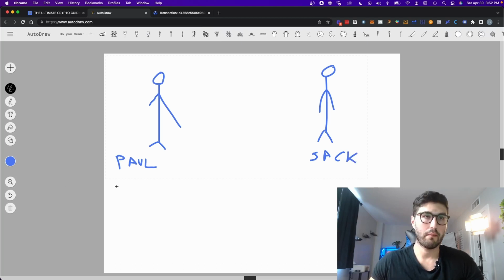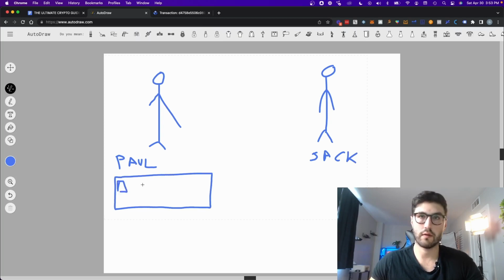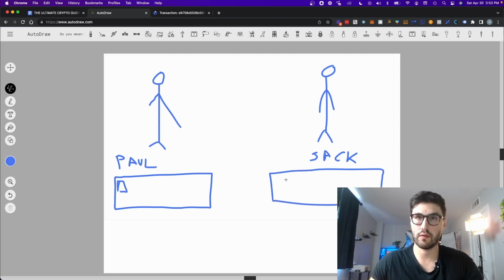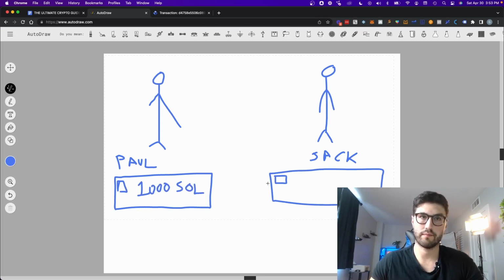All right, Paul, in his wallet, okay? This is his wallet, and right here is also Jack in his wallet, okay? Paul has 1,000 Solanas, right?